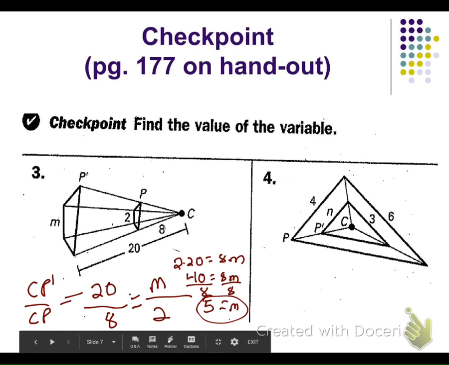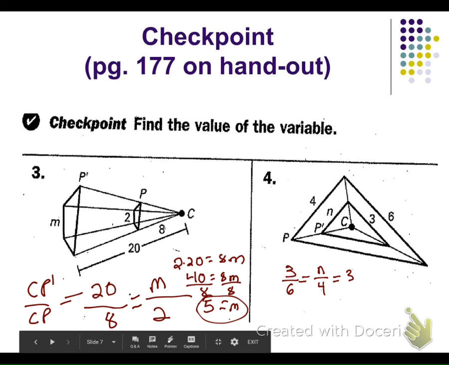So here, all we have to do is create a relationship between them using fractions. I know I have 3, which is my smaller number, so I'm going to write it on top, over 6. The 6 is the same side, but just bigger, right? Over here, I have the size N, and it relates to 4. So I'm going to make N over 4.